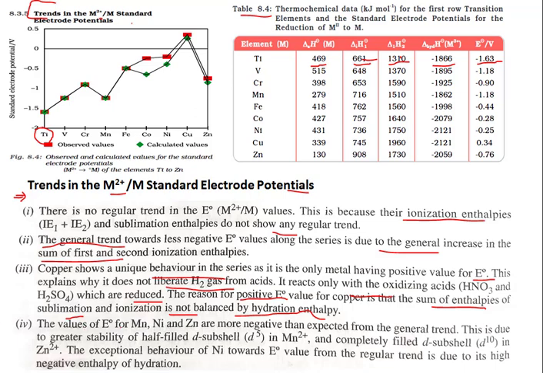Then the E0 of manganese, nickel and zinc are more negative than expected. So this is for manganese, yes, you can see manganese, then nickel -0.25, and then for zinc -0.76. This is because of the greater stability of half-filled d5 in manganese, that is in Mn2+, and completely filled d10 subshell in Zn2+.